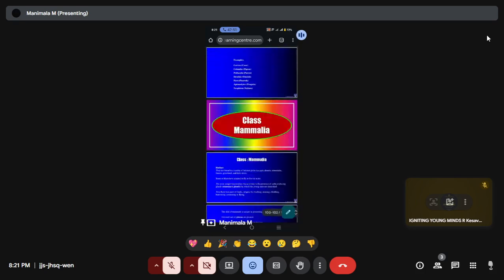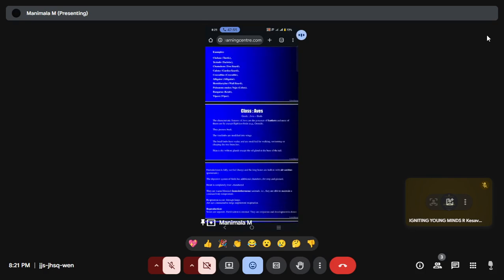All of these are the exoskeleton. Endoskeleton, if you see, long bones are present.